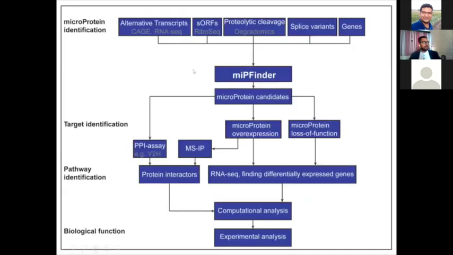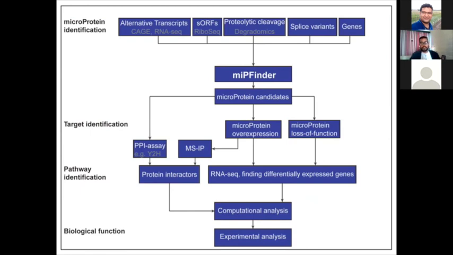So we propose this pipeline for how to identify microproteins, and then filter the information based on the MIPFinder pipeline or software, then target identification for the microproteins you are interested in, or this could also go the reverse way. You can first identify your target, a protein with multiple protein complexes which you find really interesting, and then design a microprotein to control that.